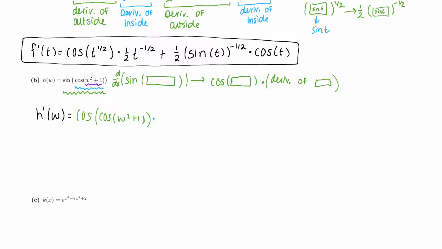Now I'm going to say we're multiplying it, and I'm just going to write the notation. So the derivative of cosine of w squared plus 1, right? This right here means the derivative of cosine of w squared plus 1.